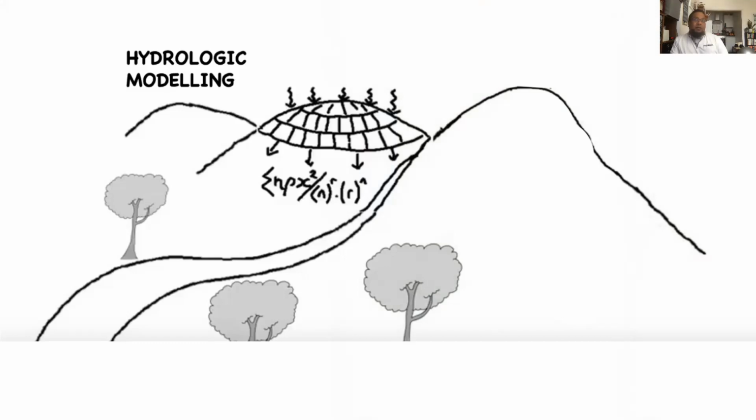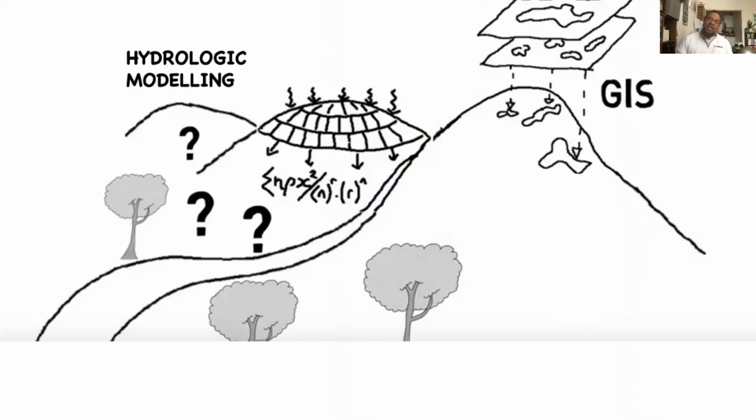So there are two main approaches of doing this, which exist in industry today, apart from Viridian Logic. One is hydrologic modeling, which is basically calculating the flows of water over landscapes, but this doesn't tell you where in the landscape those flows are best intercepted. The other is GIS, which I've just introduced to you, which is using multiple data layers to determine where the best opportunities for planting exist.